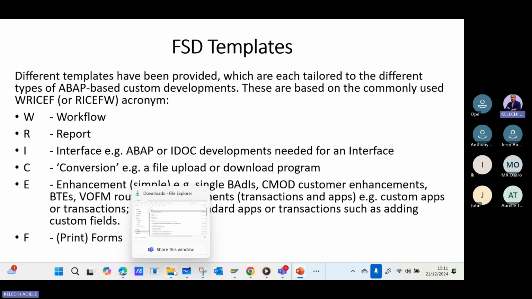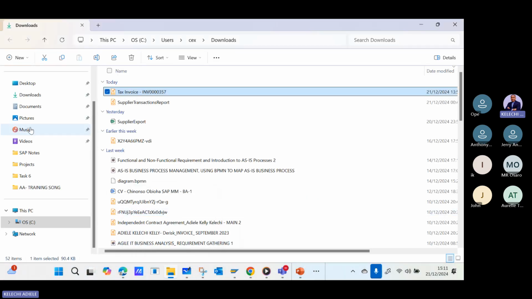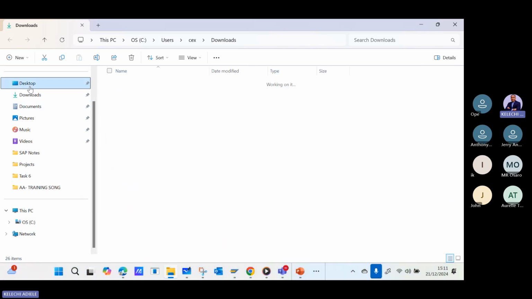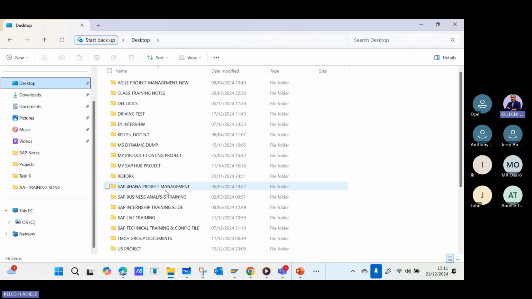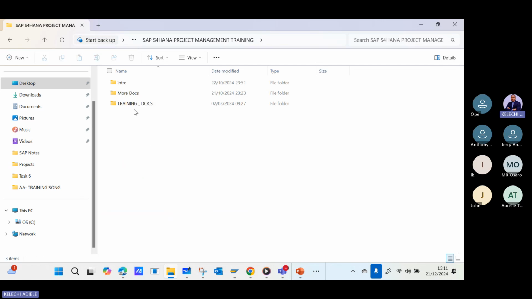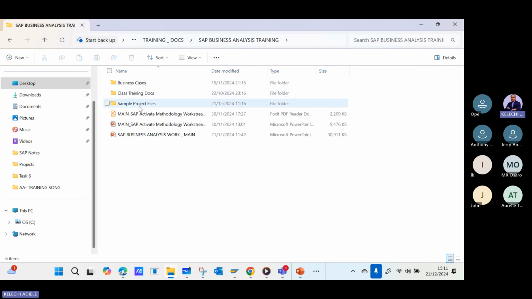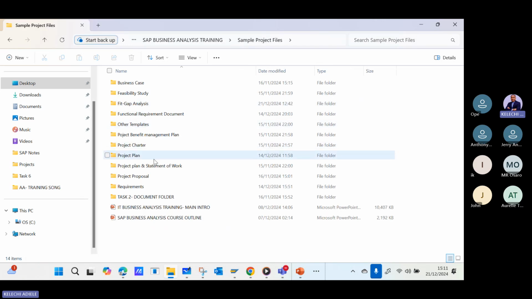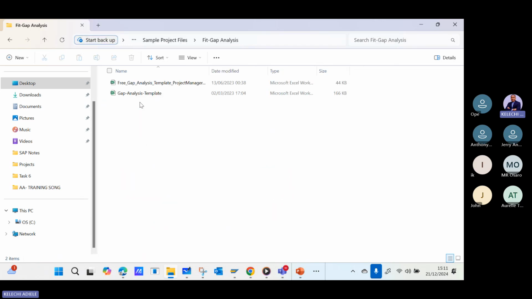Now, how do we do the gap analysis? Let me see if I have a sample document, because we're going to do that. So the sample document we have here is the fit gap analysis.